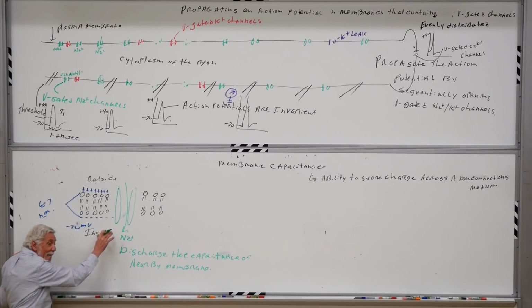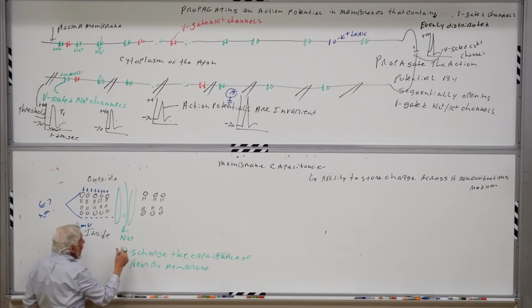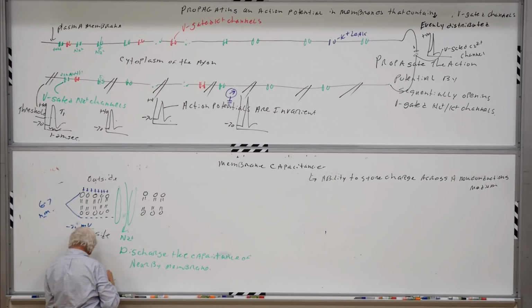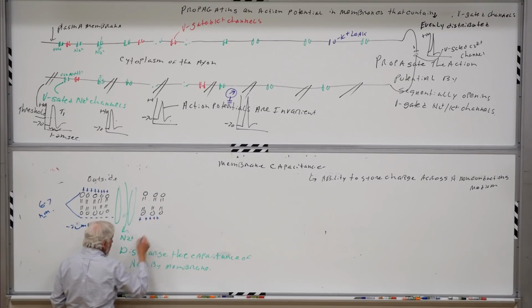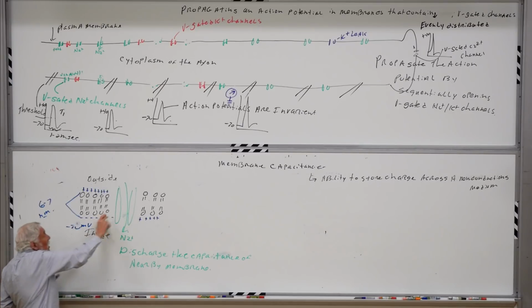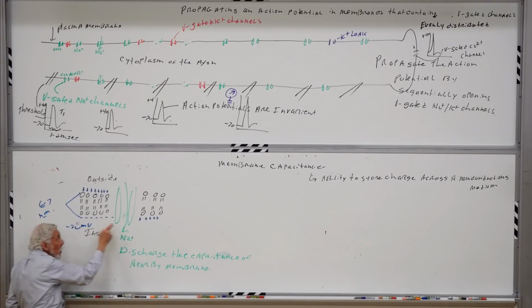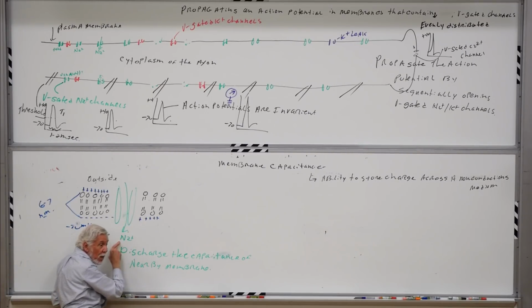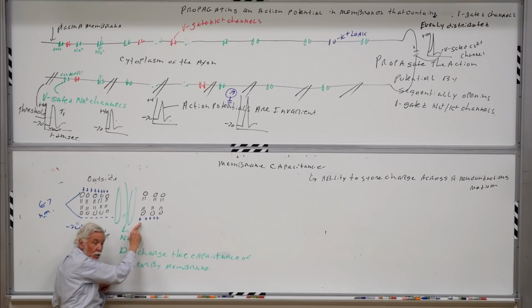So a great deal of the energy of the sodium which comes in at this site is effectively taken up by charging the capacitor, reverting from the negative charge on the inside to the positive charge. So the first thing the sodium does is offset that negative charge.